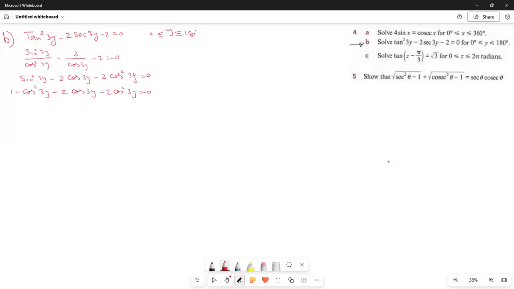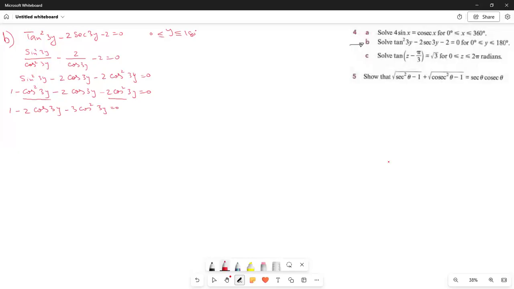Let me rewrite again: 1 and then minus 2 cos 3y, and I can join this part and this part, and it will become minus 3 cos square 3y equals 0.